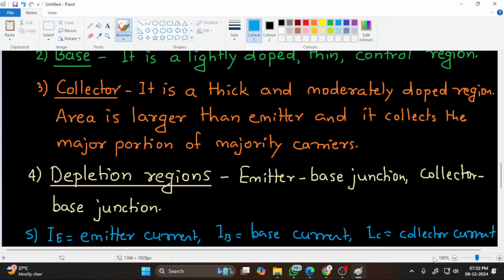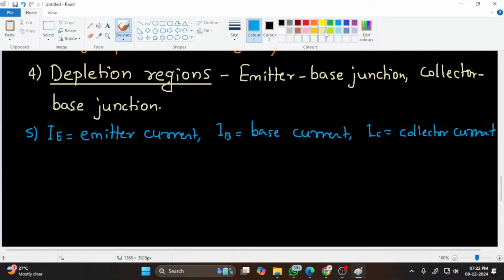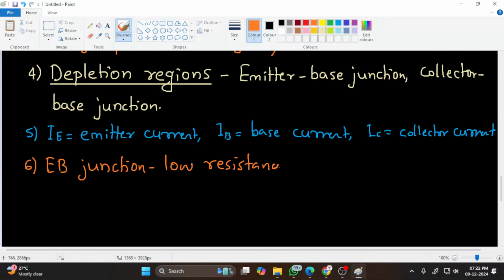Emitter base junction, EB junction, has low resistance, whereas base collector junction has high resistance.